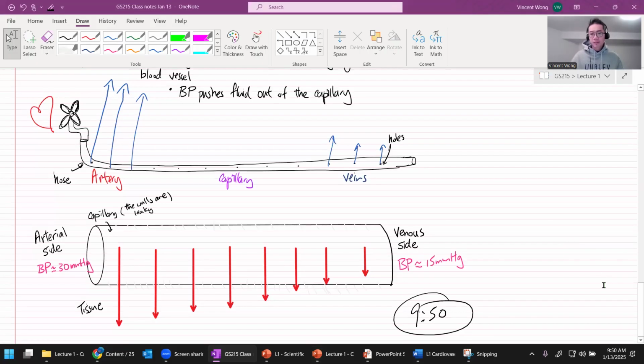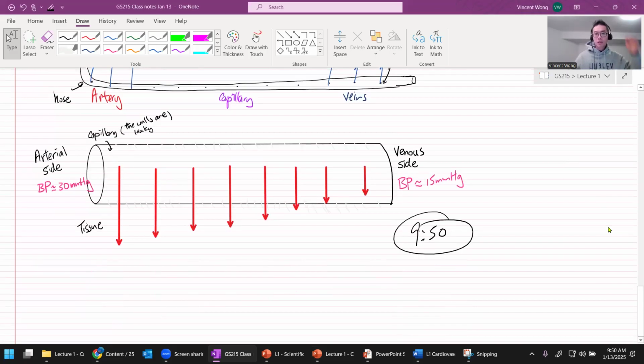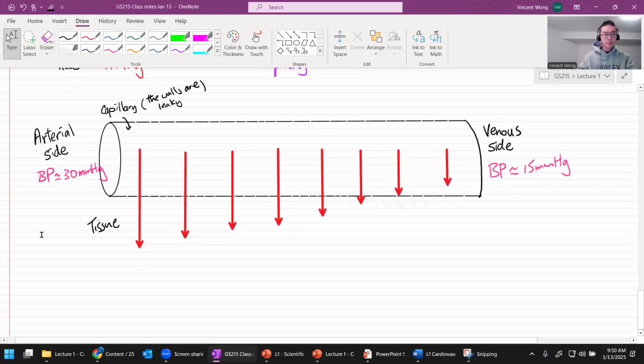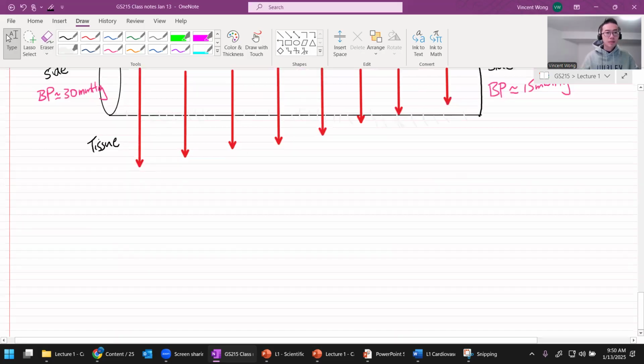Next factor that affects capillary exchange, that would be the osmotic pressure. So I can keep this diagram. We're going to add more details to it. But let's talk about the third factor quickly. Number 3, osmotic pressure. What is it?